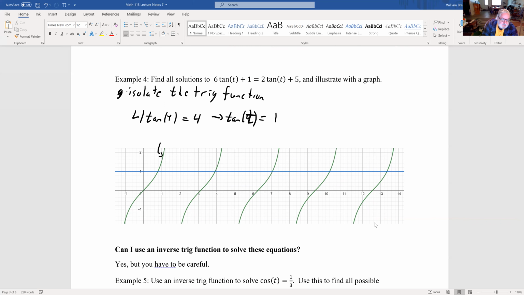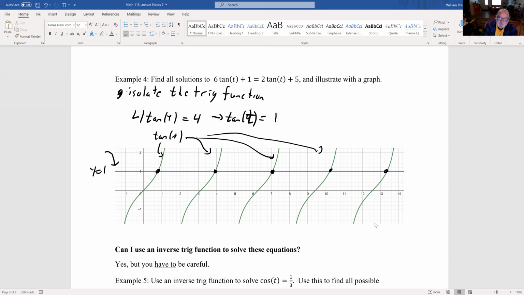So this green curve is tangent of t. It repeats these shapes. So all these graphs are tangent of t. And then the blue curve is y equals 1. And we're looking for all these points of intersection. And what do we know about that?